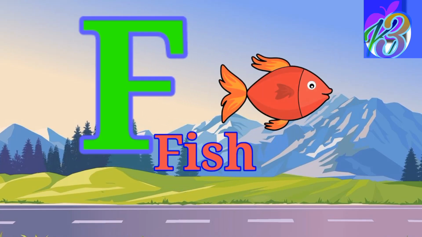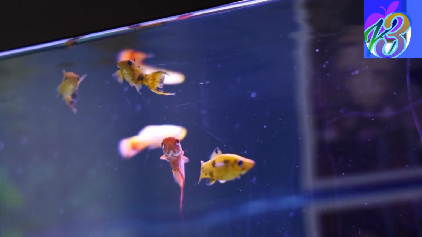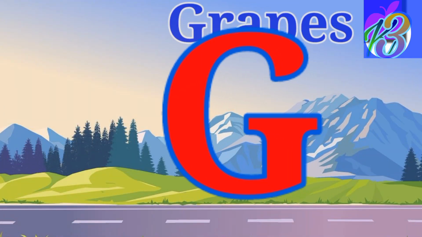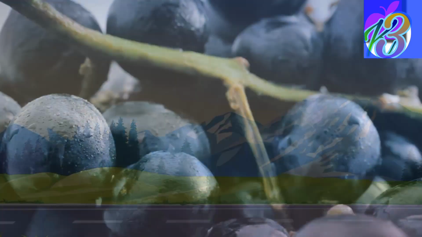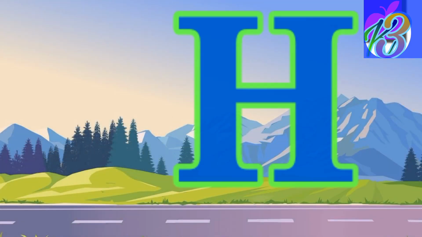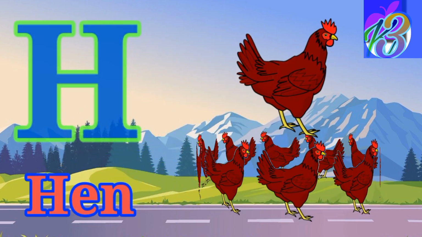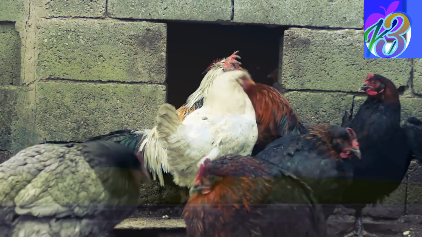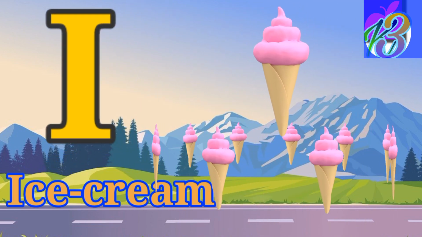F for fish. G for grapes. H for hen. A, B, C, D, E, F, G, H, I for ice cream.